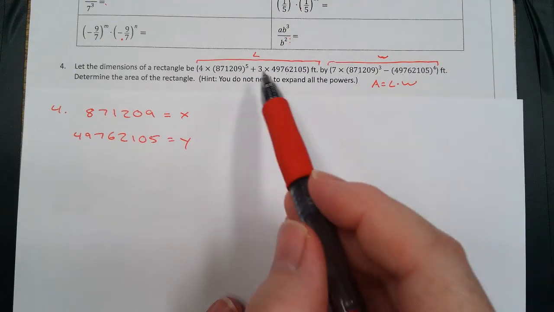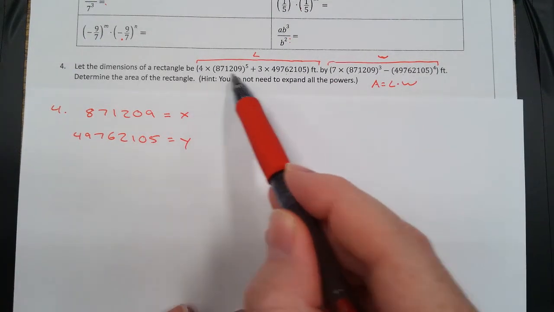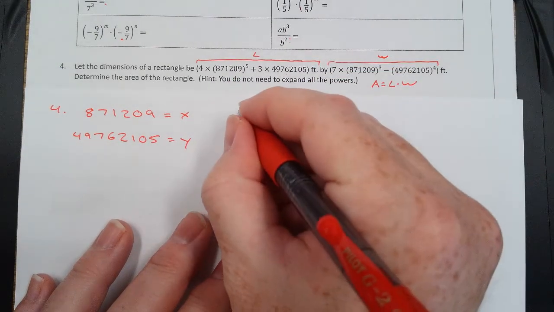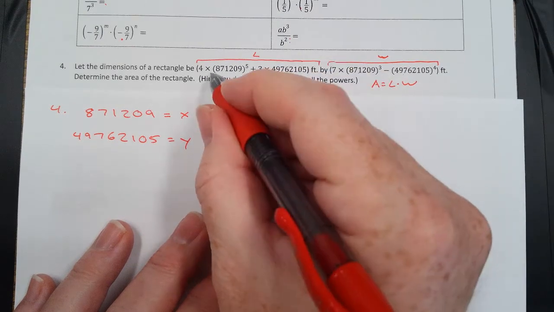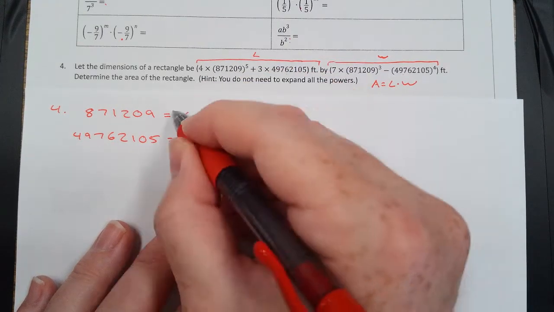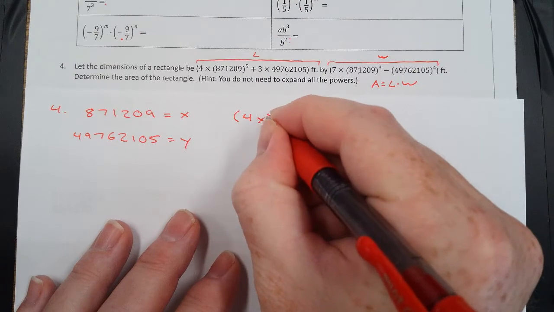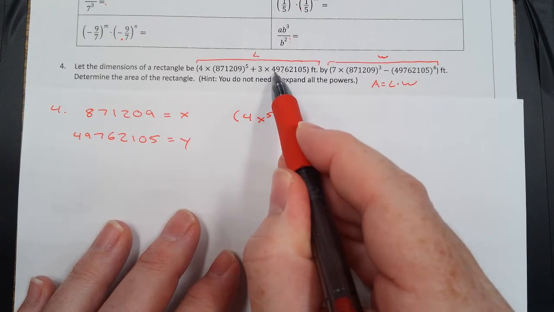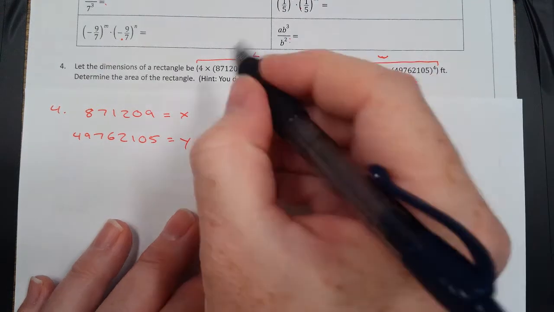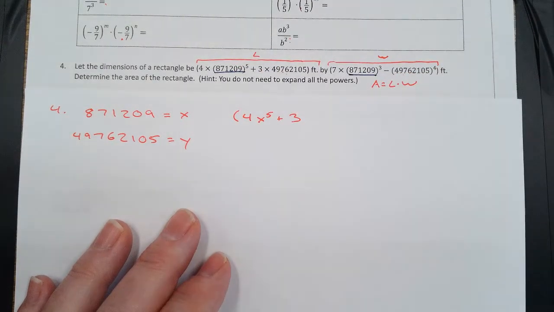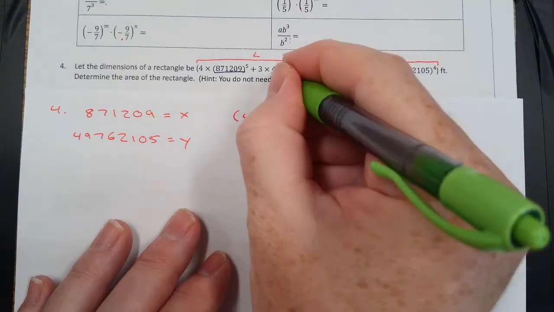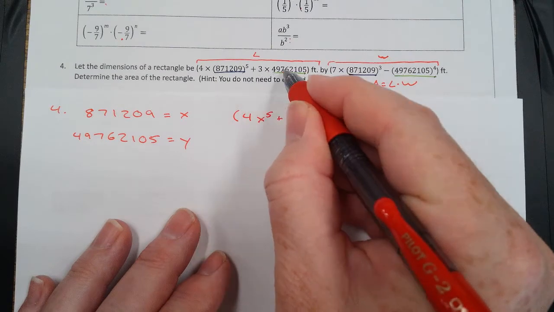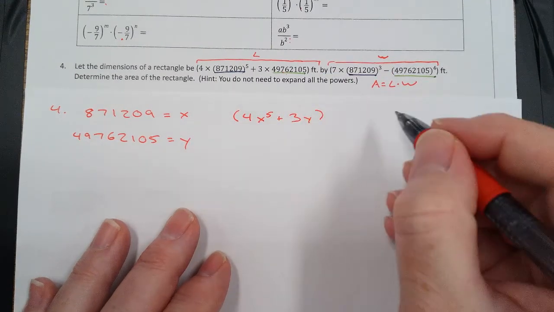So now, instead of length times width, which with some super long numbers, I'm going to do this. I get 4 times, not that, that's x now, 4x to the 5th plus 3, and that is just y. So that's just 3 times y, so just 3y.